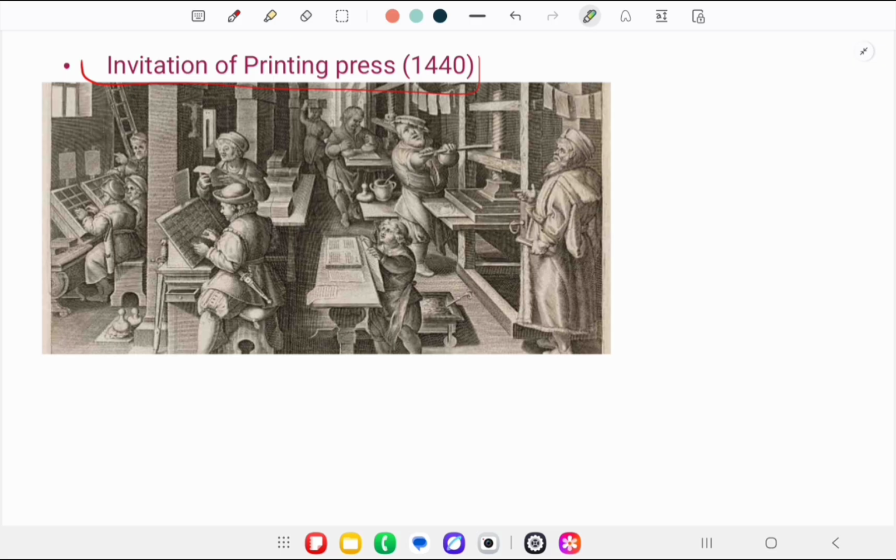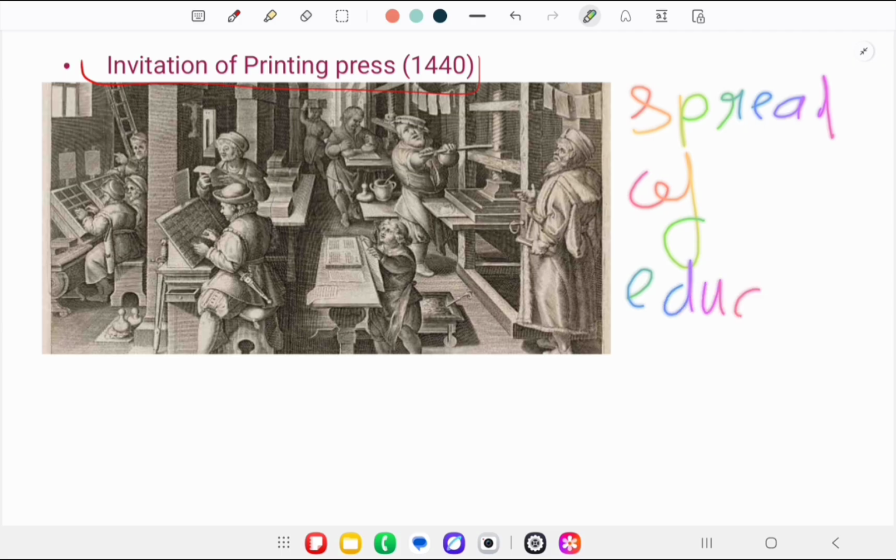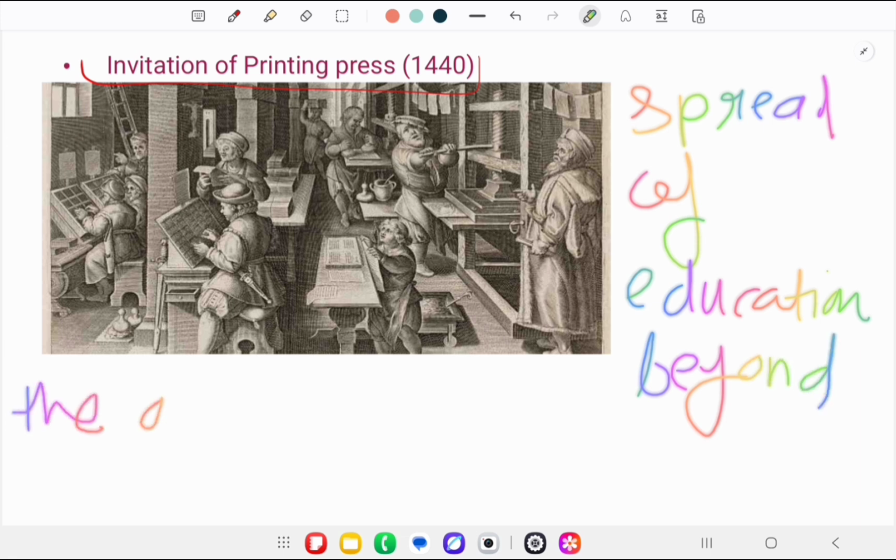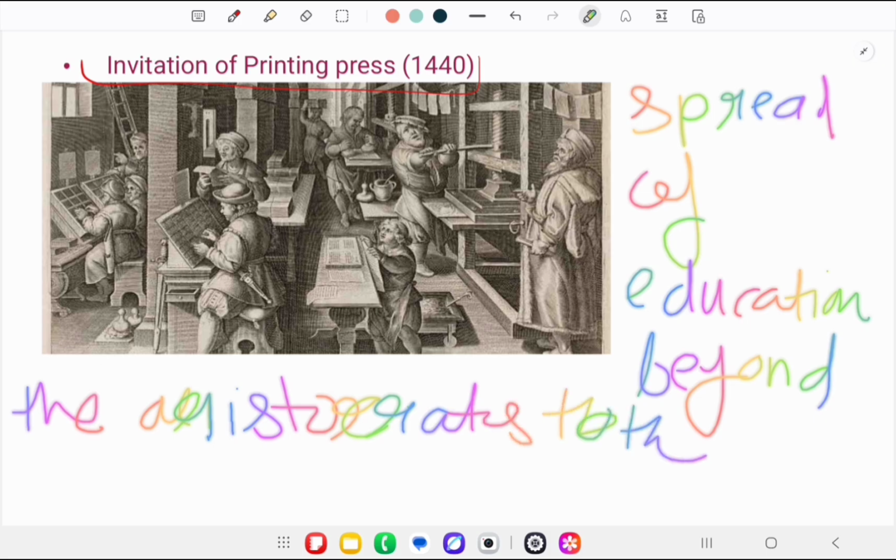It revolutionized the dissemination of knowledge among the masses and enabled the speed of education beyond the aristocrats to the commoners.